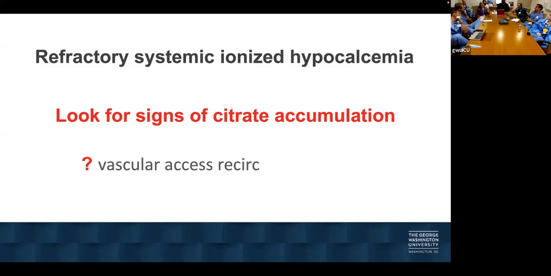When you're giving the IV calcium back, can you give that in the side port of the dialysis catheter, or is it gonna mix with the citrate? The infusion of the calcium that you give post dialysis, through the pigtail of the dialysis catheter, or is that gonna mix with the citrate that's going in?